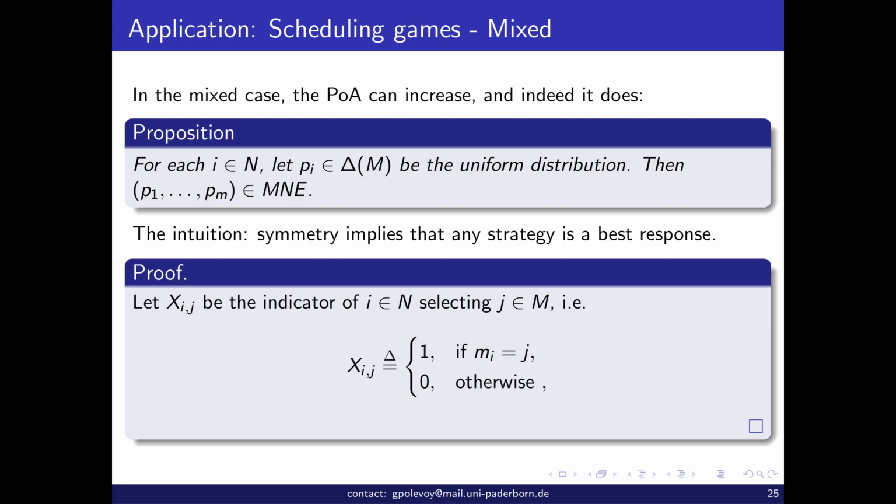You don't say these are all the mixed Nash equilibria, but that profile is a mixed Nash equilibrium. So, as we already see, here the set of mixed Nash equilibria strictly includes the set of Nash equilibria. It does not yet mean that the price of anarchy will increase, but we are going to show that it is going to increase. So first we are going to prove that this profile is a mixed Nash equilibrium.